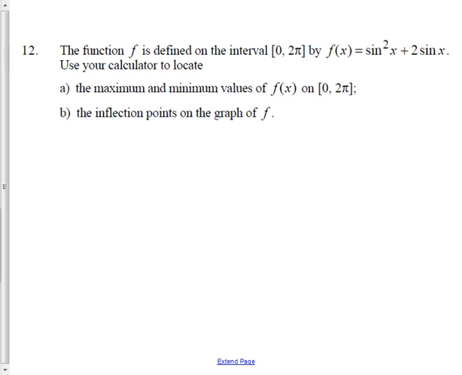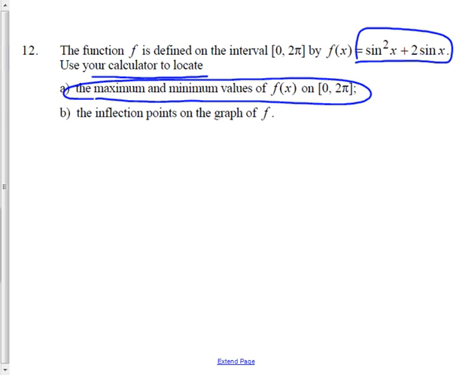Okay, so we're going to look at one more hard problem, just so you have experience seeing these. Given this function, we want to use our calculator to locate the max and min values and the inflection points. It's the same process, and in fact, if you're very comfortable with this and you think, oh, I know how to do this, given the last one we did, maybe you don't even bother watching, but actually watch, it's worthwhile.